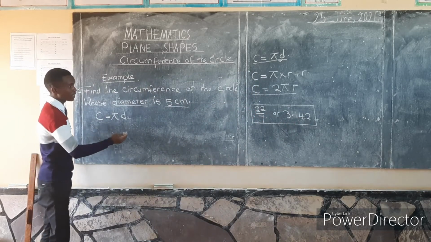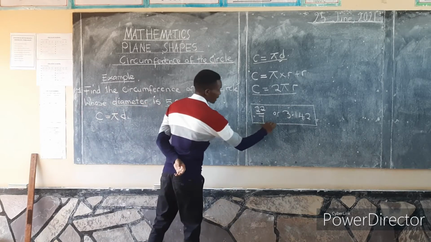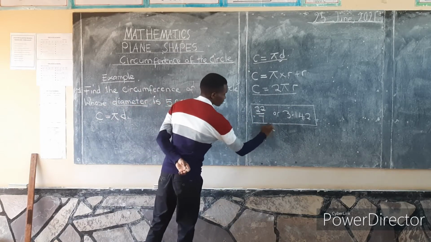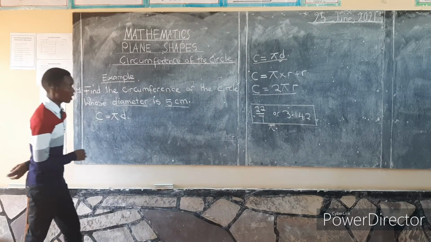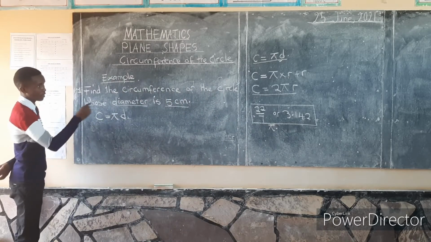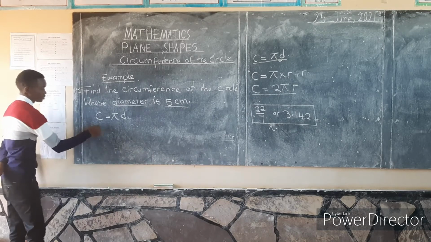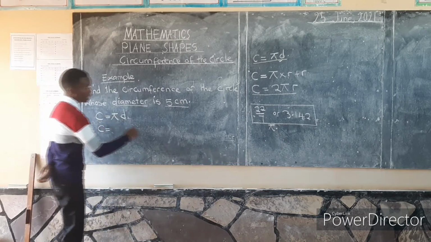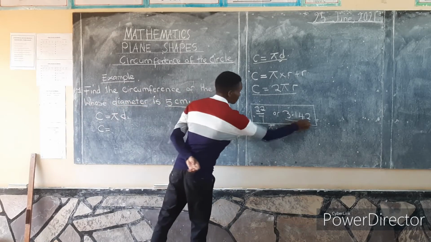This represents pi. So I'll start with the one that has a decimal point.